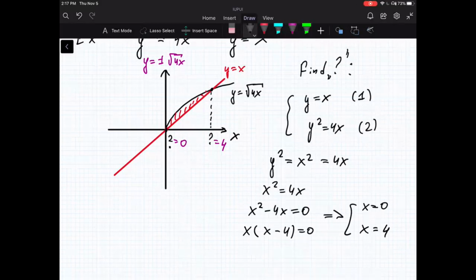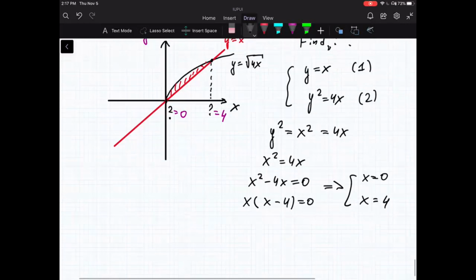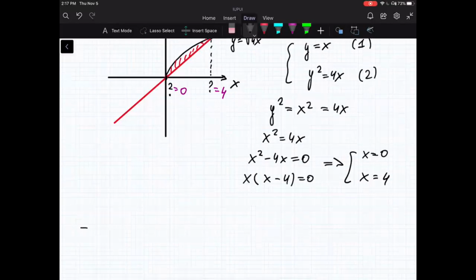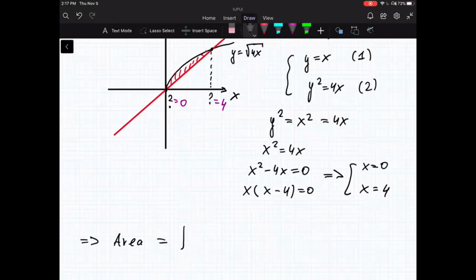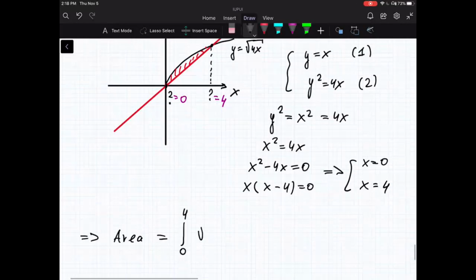And the last step is, again, we should integrate f top minus f bottom. And the top function in this case is square root of 4x, while the bottom one is y equals x. So thus, area between these two curves will be integral from 0 to 4. Top one is square root of 4x minus bottom one, which is x.